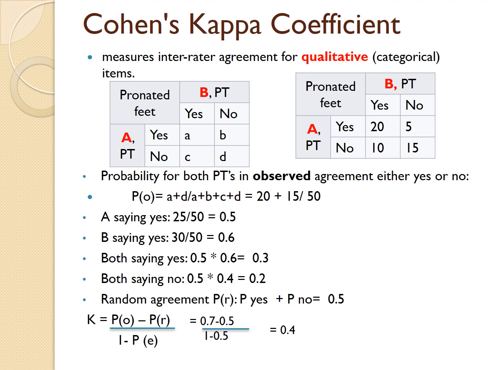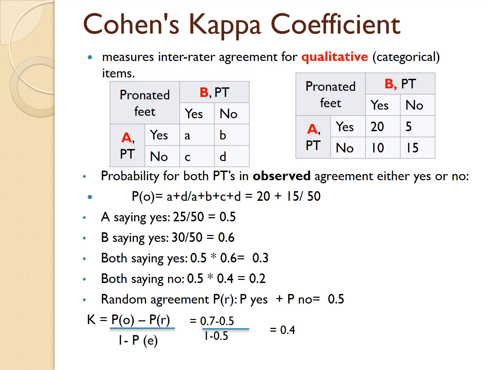Whereas the B physical therapist says yes to 30 out of the total 50 people that we are checking for pronated feet, and 20 out of 50 for no, not having pronated feet.